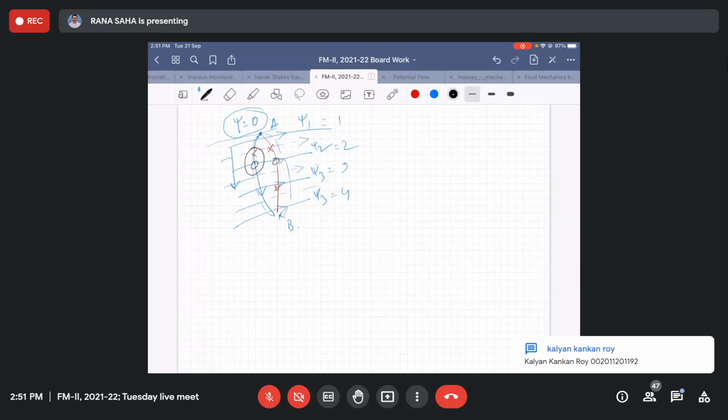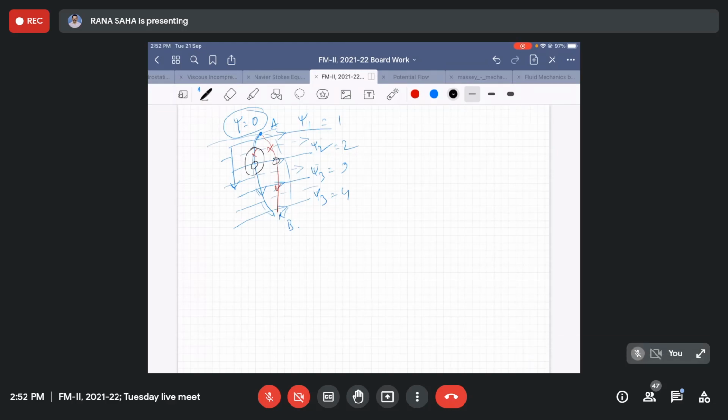So my point is that in some text you may find u equal to del psi del y instead of minus del psi del y, and v as minus del psi del x, right? There is no mistake in any one of the texts that you may come across. But the thing is that you need to follow any one of them. You should not mix between the two types of sign convention.